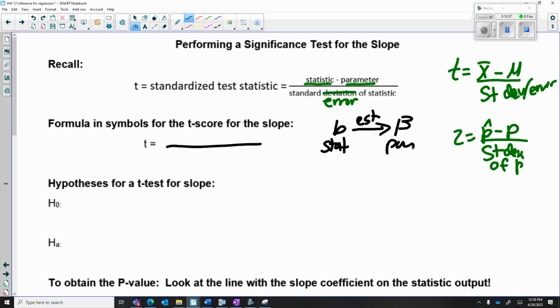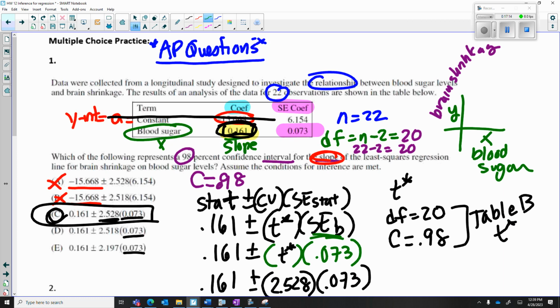So the statistic here is B, minus the parameter beta, over the standard error of the slope, the standard error of B. And remember, we got that standard error from that last question, where we just looked under SE for standard error, next to the slope, and there it was, okay?